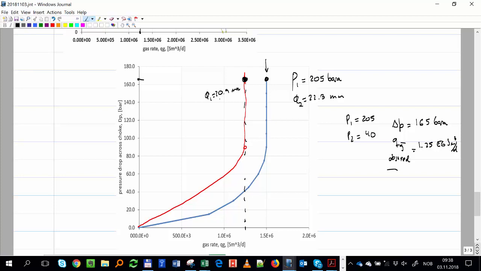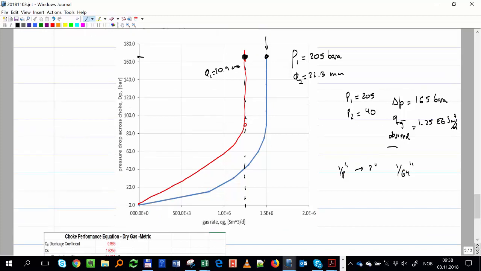And the way I go, I say, well, how much in inch is that size? And then I find a choke. Remember, chokes go from 1/8 of an inch to 2 inch, and they go in increments of 1/64. So I find the number that gets closer to 20.9 millimeters. How much is that in inch? It's almost an inch. Okay, 20.9 over 25.